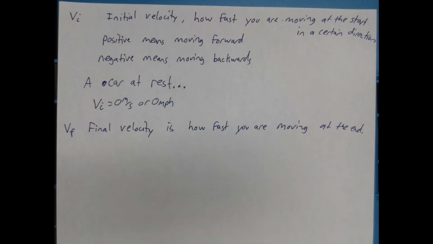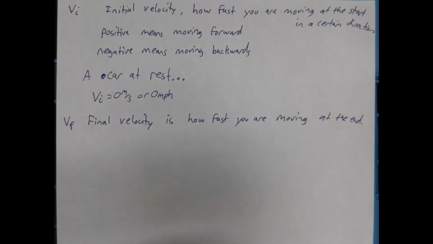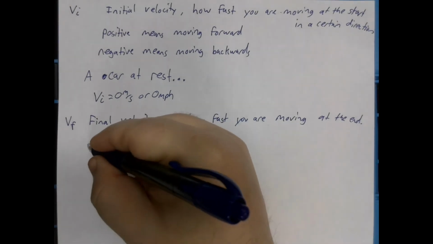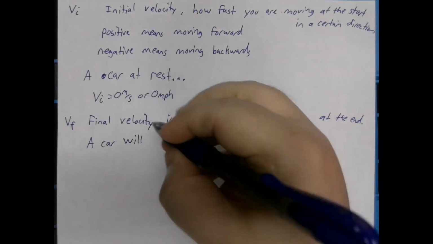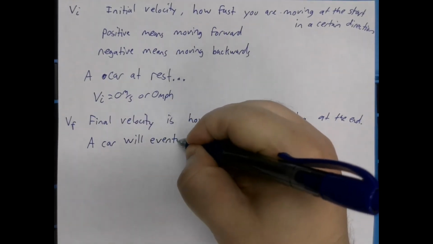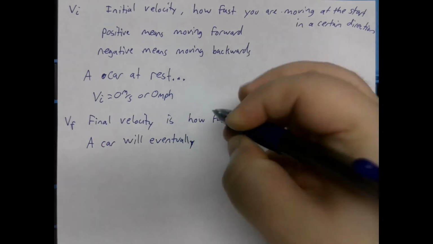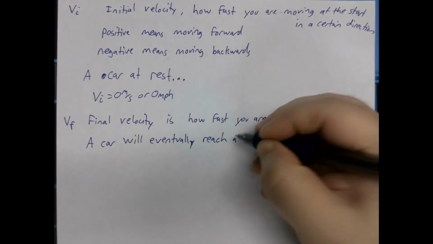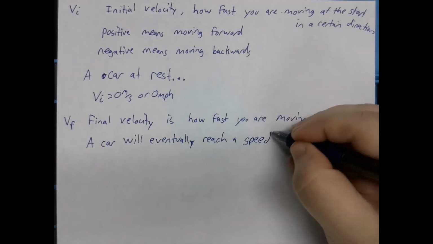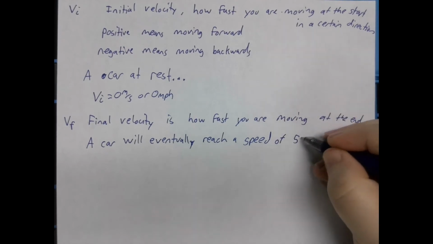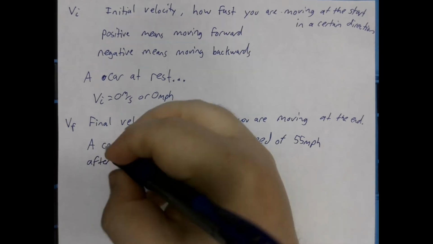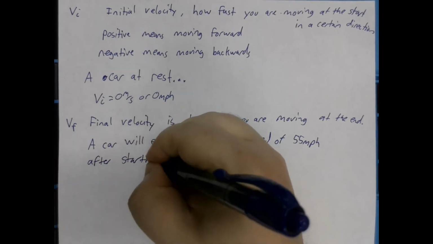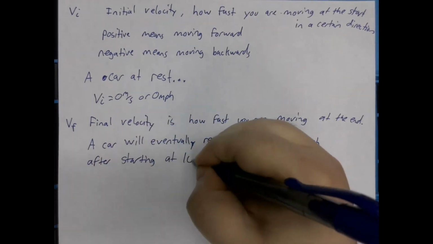Note that this is not going to be the last number in the problem statement. Again, you have to read. So I could do it like this: a car will eventually reach a speed of 55 miles per hour after starting at 10 miles per hour.